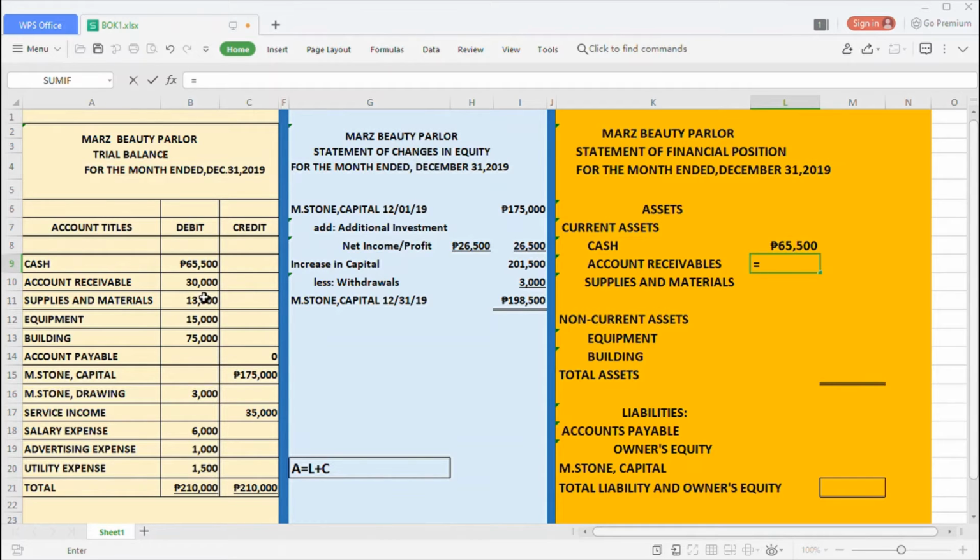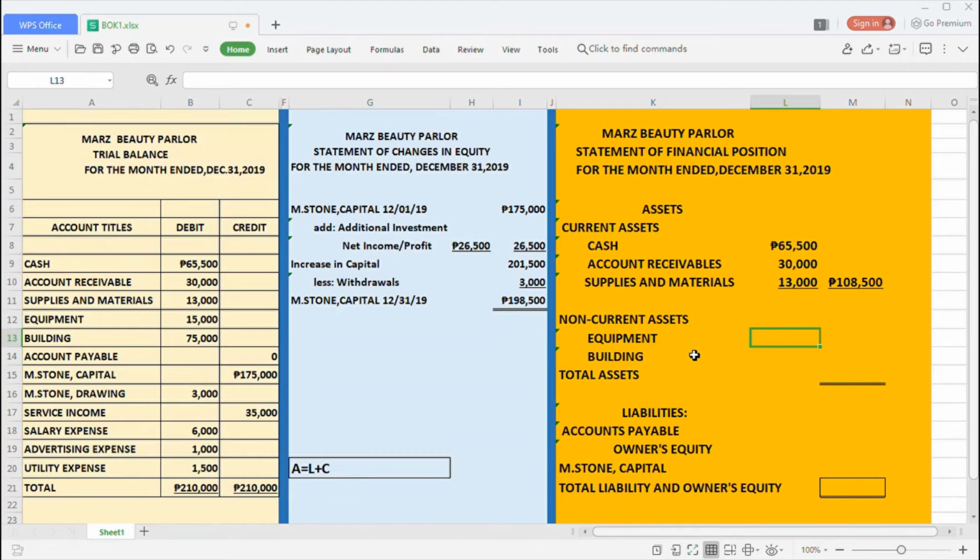Tapos i-copy lang natin to. Alright, so supplies and materials, that is 13,000. Okay, so equal sign lang natin, select natin para madali lang, copy lang natin guys. Okay, so i-total natin to. Total is 108,500. So this is our total current assets.